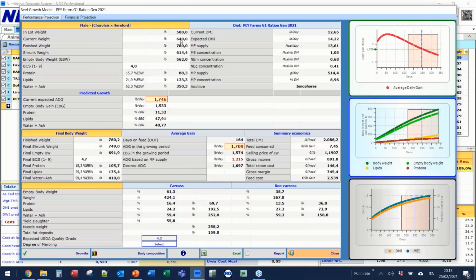weight, starting weight, the current weight, that is the average between in-lot weight and finished weight. The rank weight, I mean the current weight discounted by 4%. The empty body weight, where we remove all the digestive content from the total body weight, the current body condition, and we estimate the current body composition in terms of protein, lipids, and water plus ash.